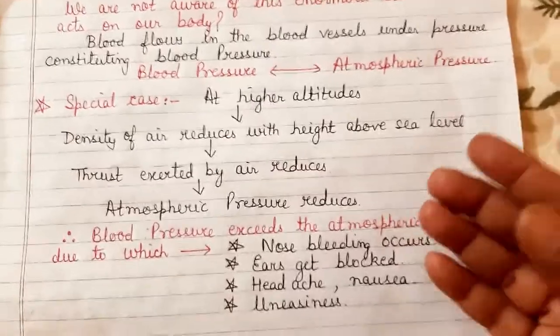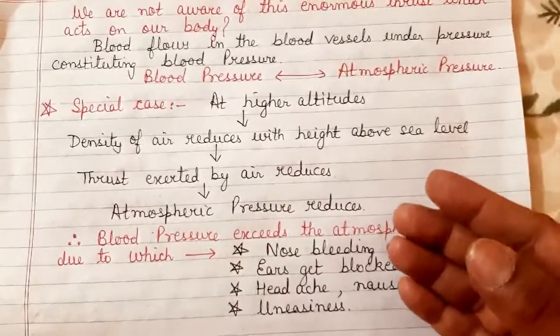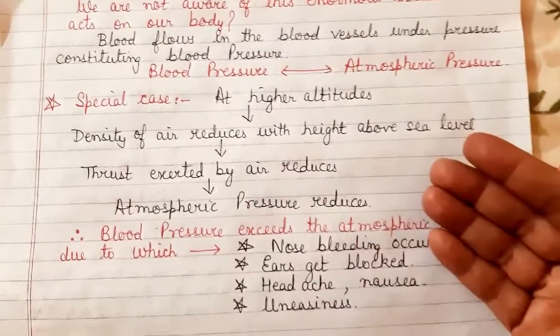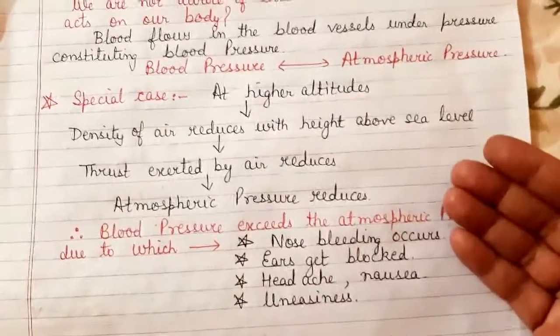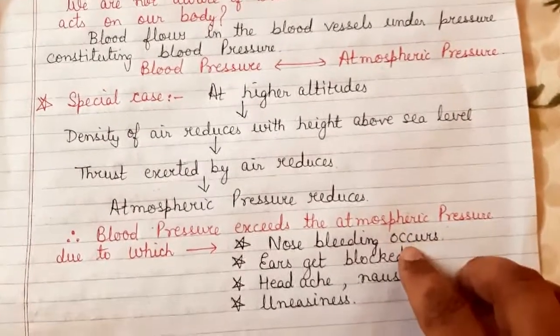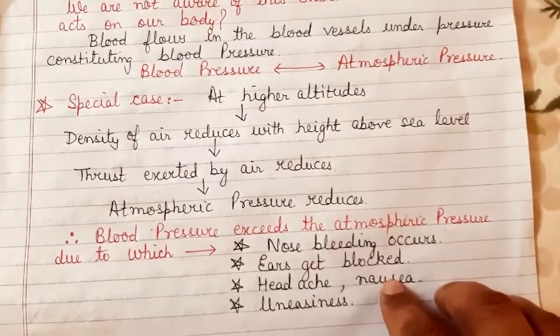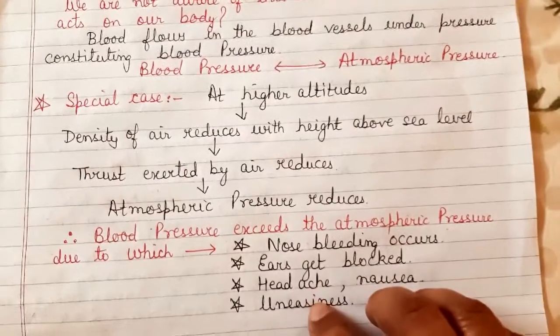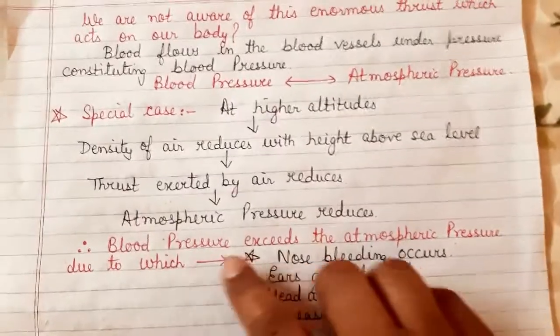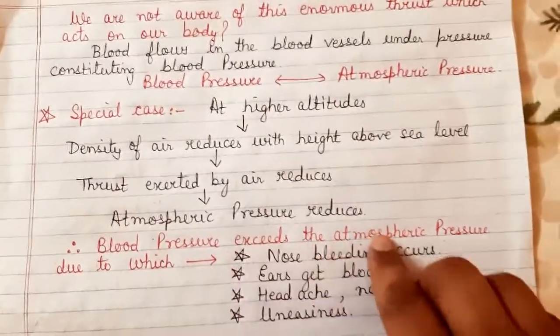You must have experienced, students, that when you travel from Chandigarh to a hill station which is at a higher altitude, you might face these problems. Sometimes you feel nausea or a headache, or you feel uneasy, or your ears get blocked. The reason behind this is that the blood pressure exceeds the atmospheric pressure.